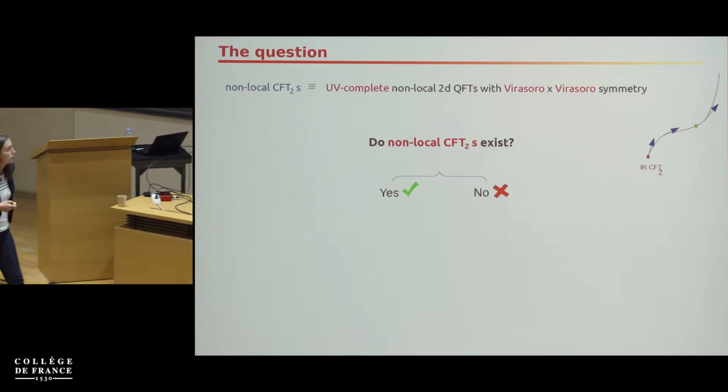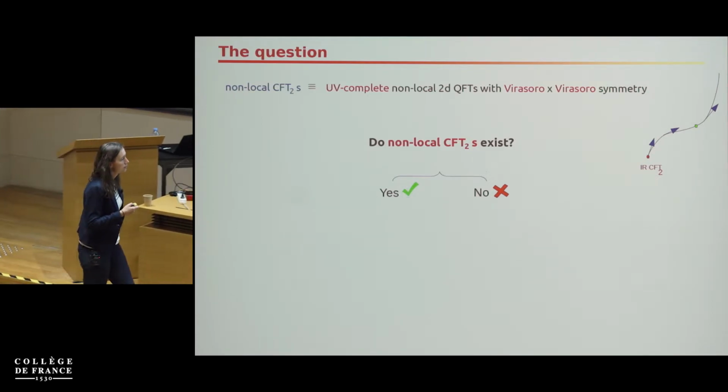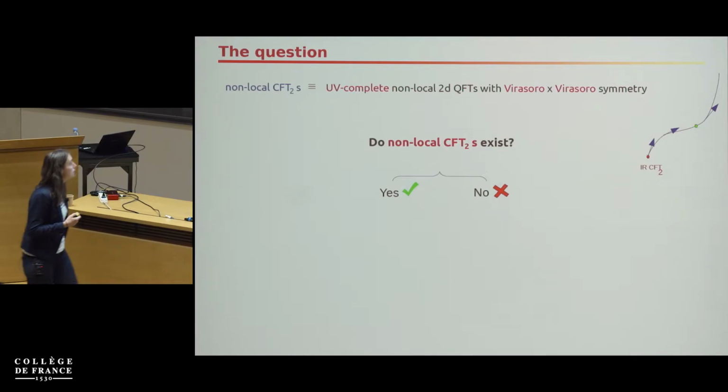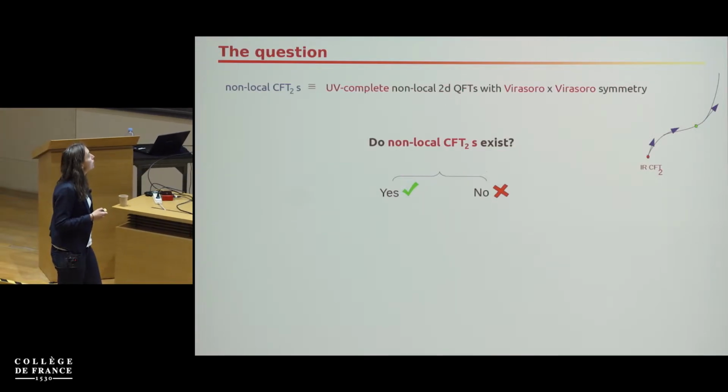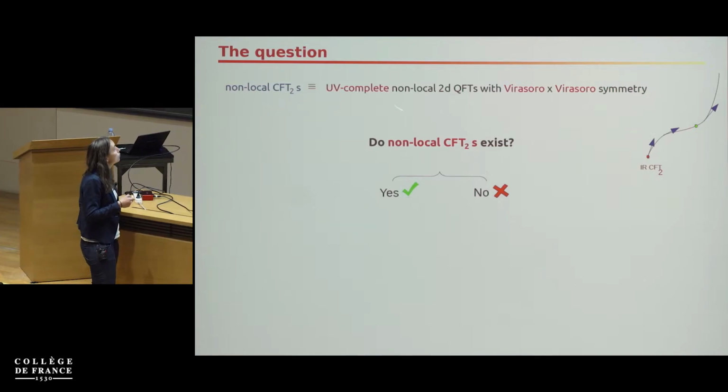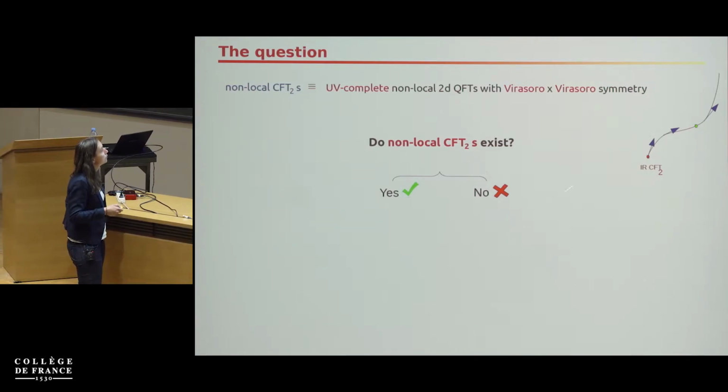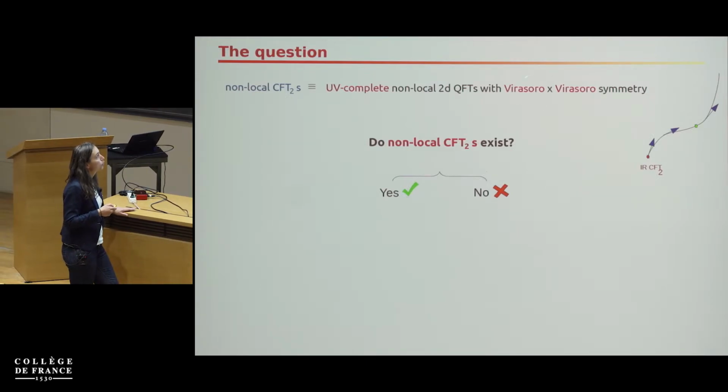Okay, so the question that this asymptotic symmetry group analysis raises is whether non-local 2-dimensional CFTs, by which I mean UV complete non-local 2D QFTs, defined via a flow like this, with proper Virasoro times Virasoro symmetry, actually exist. And the answer could be yes or no. If it's no, we go home.